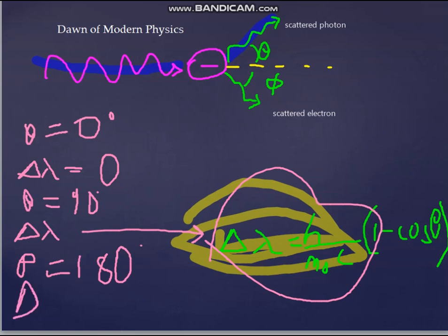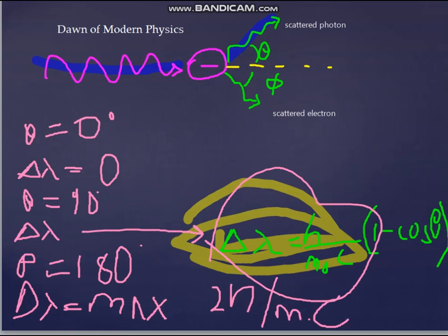Delta lambda will be maximum, and it will be equal to 2h over m naught c. That's all for the Compton effect.